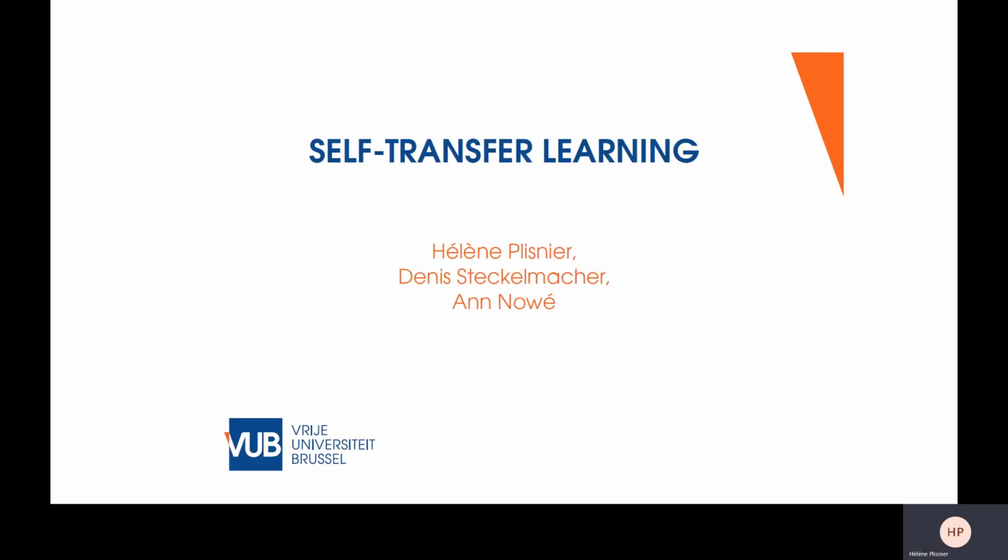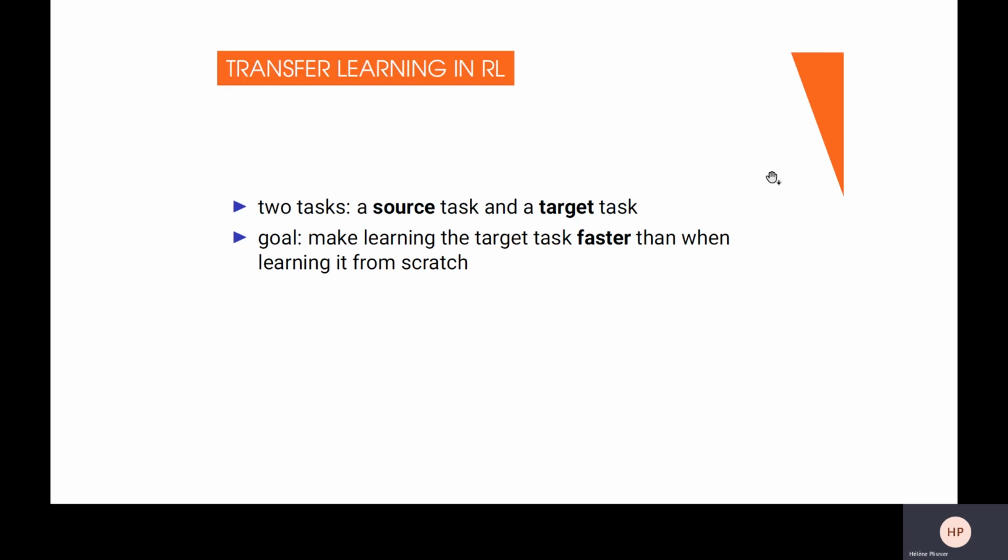First of all, I'm going to talk a little bit about how transfer learning in a reinforcement learning context often works, and then I will introduce our contribution. In general, in reinforcement learning, we do transfer learning to learn a target task faster.